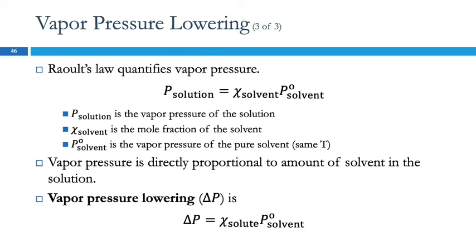Vapor pressure is directly proportional to the amount of solvent. So the vapor pressure lowering, or the change in the vapor pressure, is equal to the mole fraction of the solute times the partial pressure of the pure solvent. Now this is a little bit different than that, and we could go through the derivation, but I don't think anybody wants to.